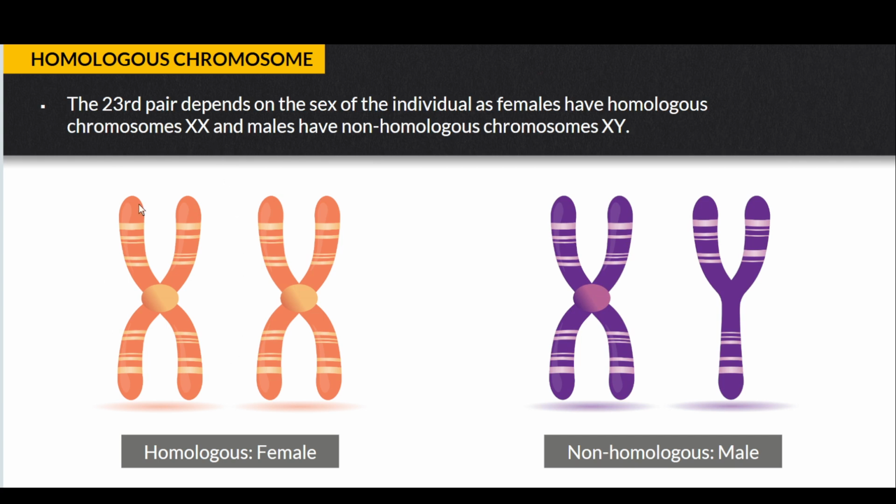Female chromosomes are homologous. Homologous means we have both chromosomes as XX. But inside a male, there is an X chromosome and a Y chromosome. So males have non-homologous chromosomes. Non-homologous means they have different ones.